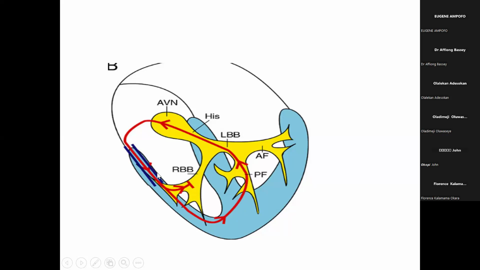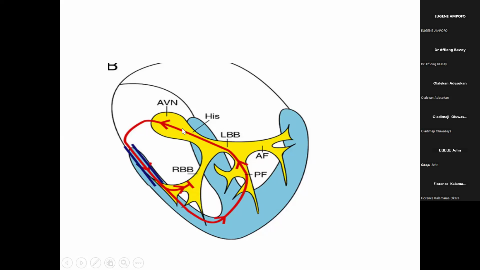So it quickly gets to the ventricle to depolarize the ventricle, while the normal conducting tissue, with the AV nodal delay and all that, will take time to get back to the atrium. And the moment it senses the activity in the atrium, it quickly conducts it back to the ventricle, right? So that means it quickly depolarizes the ventricle. Then the conducting tissue of the heart will take it slowly back to the atrium, right?